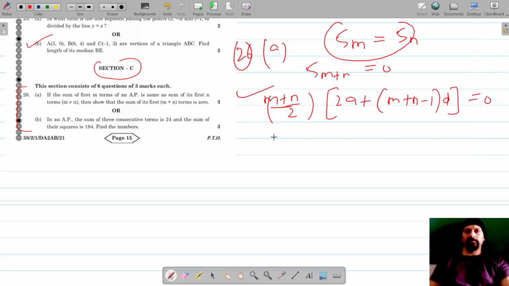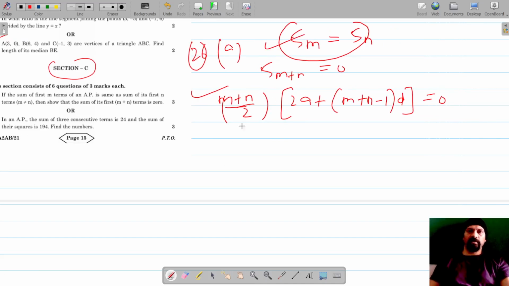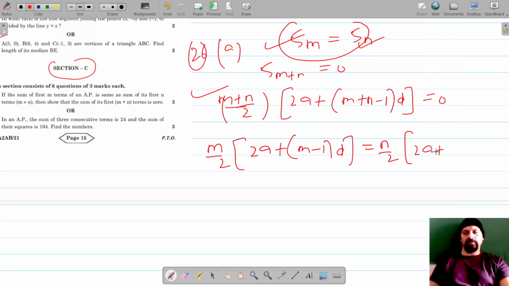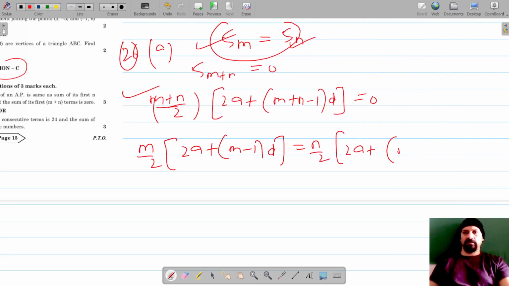So let's consider this. Sum of m terms is m/2 into (2a plus (m minus 1) into d), and sum of n terms is n/2 into (2a plus (n minus 1) into d).